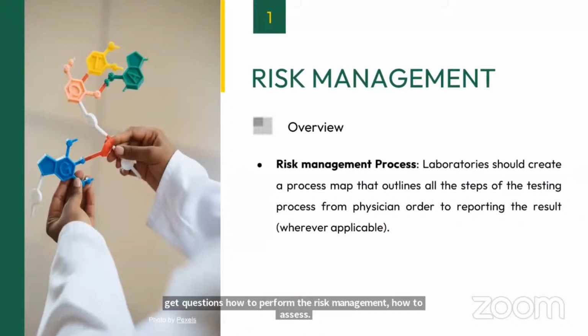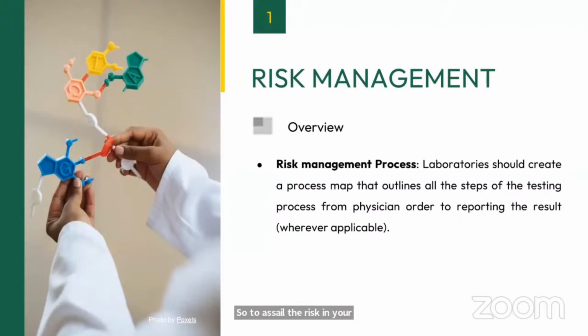To assess the risk in your laboratory, first of all, you should have detailed knowledge of all the processes in your laboratory and each step and procedure involved in those processes. You should know the components of the processes and have a complete map of where the actual process starts.